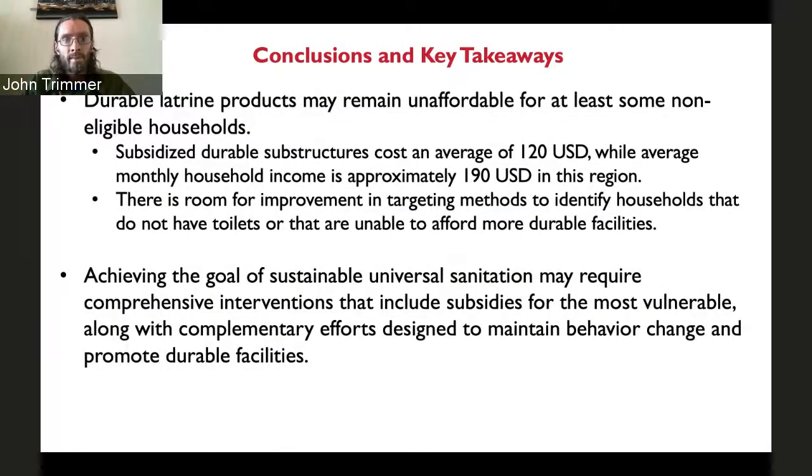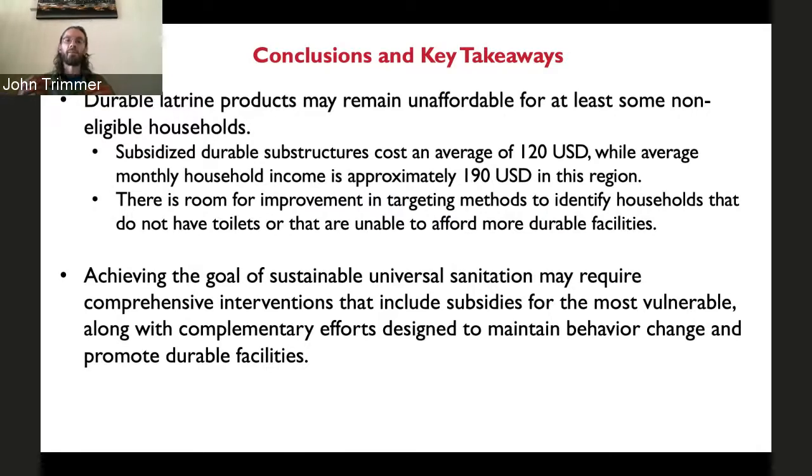Third, if we think some more about these non-eligible households, like we mentioned, we saw a few of those households go out and purchase their own durable facilities, but we didn't see very much of that. So that suggests to us that these more durable facilities that were being subsidized through this program may still remain unaffordable for a large portion of these non-eligible households within this context.